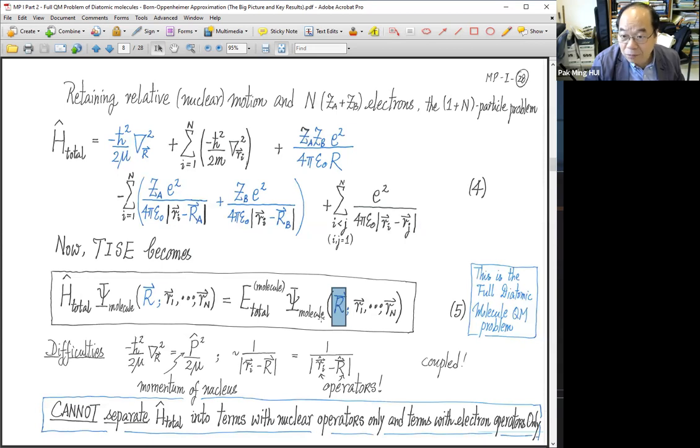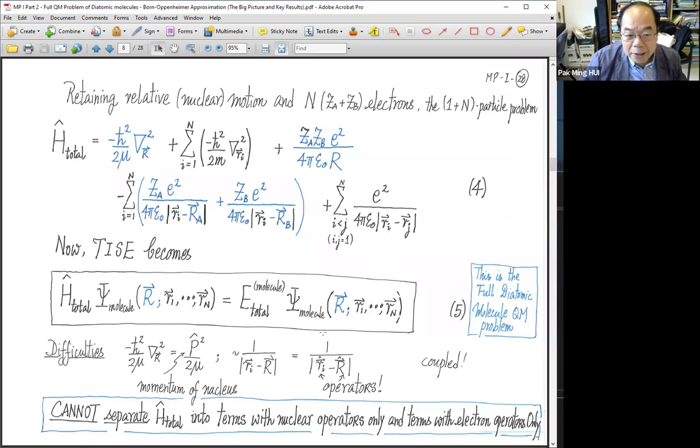This is the relative motion from A towards B, one vector describing the relative coordinates of the nuclei, and the electronic locations, the positions, the coordinates of the electrons. The key point is that the total wave function in general is a function of both the nuclear coordinates and the electrons' coordinates.